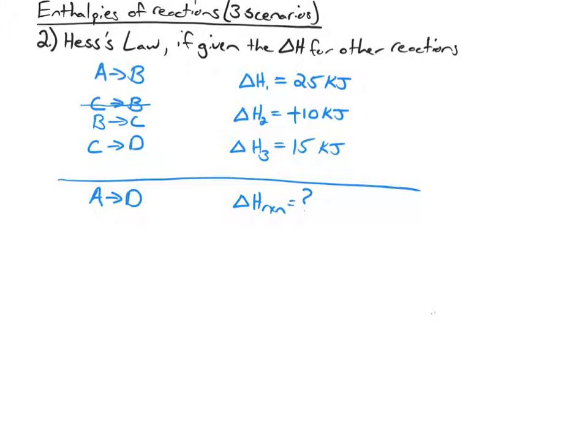Which now means that with A going to B, the B's can cancel, and with B going to C, the C's can cancel, and now we're left with A going to D. We can add the delta H's of these reactions together, where we take 25 plus 10 plus 15, which gives us a total of 50 kilojoules for this reaction.